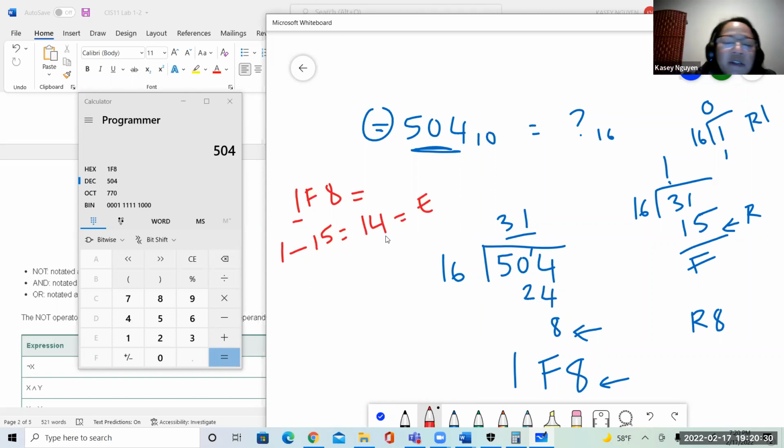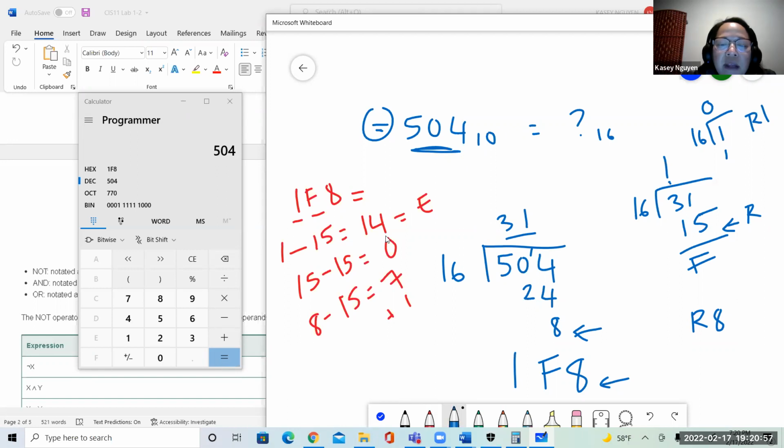So that's the first digit. F is 15 minus 15, which is going to give you a 0. And 0 is 0 in hex. That's the next one here. And then lastly, 8 minus 15, and the difference is 7. But we have to add a 1 to make it a sign, right?